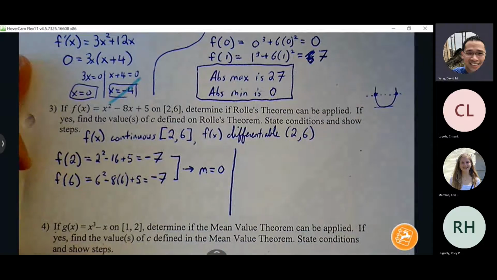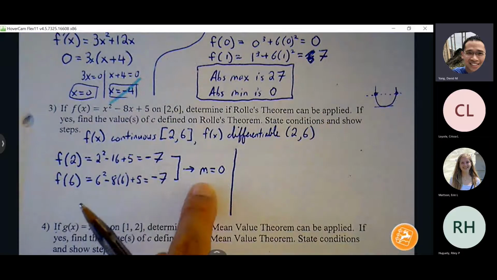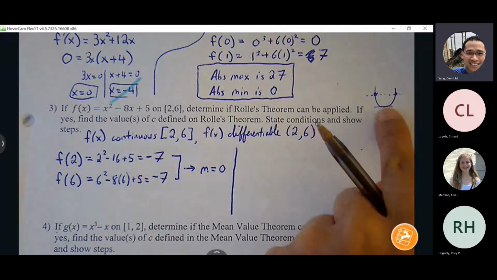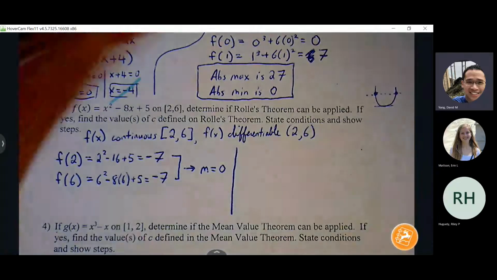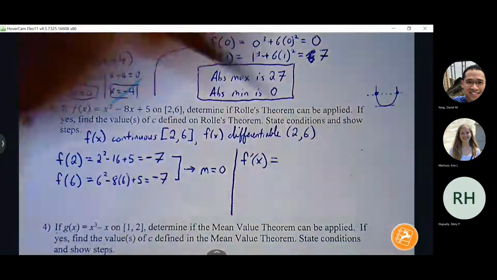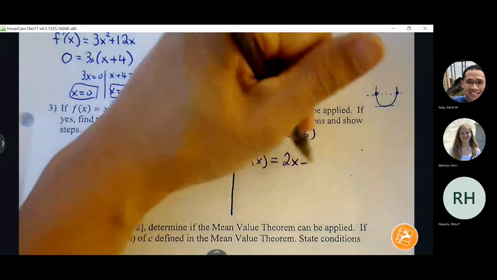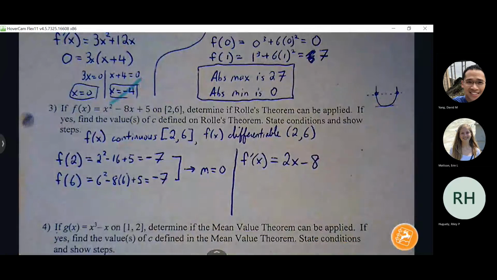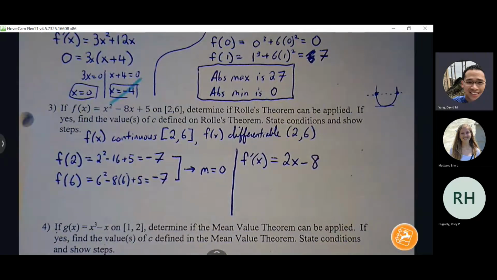Okay, we're going to find our derivative and set our derivative equal to 0, and we're going to look for a location on the curve using the derivative to help us find where slope 0 occurs. Okay, so f prime. Let's make sure we understand where that 0 goes.